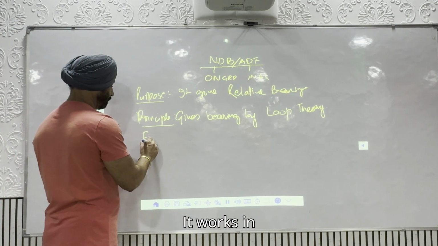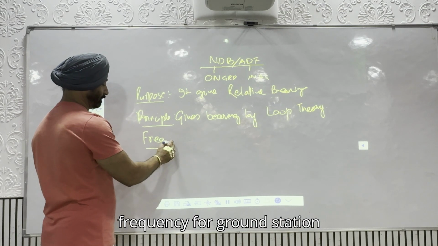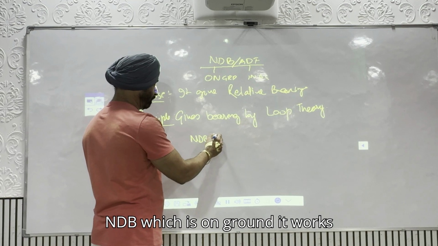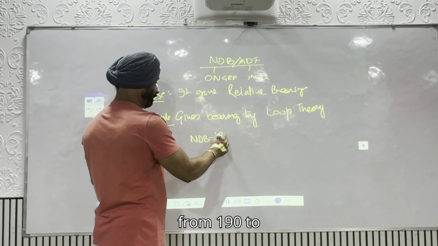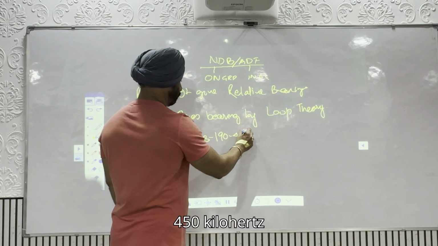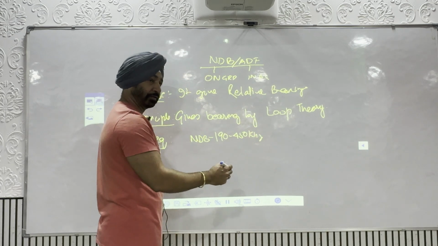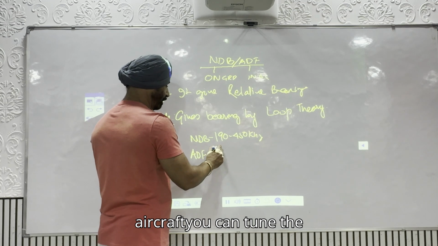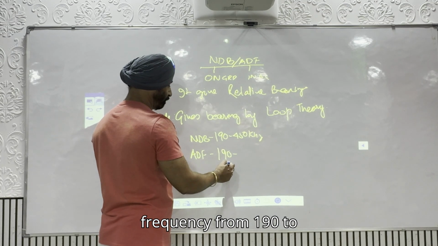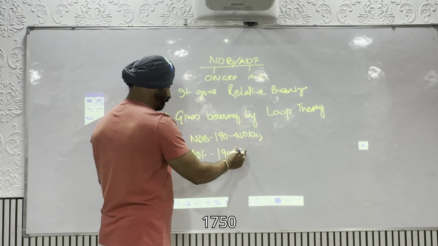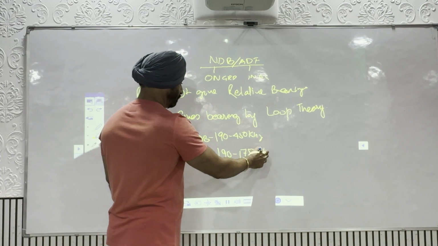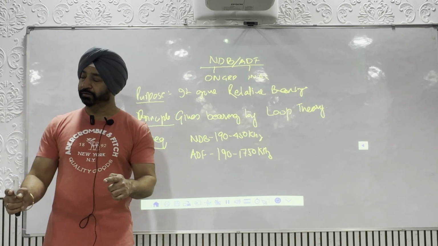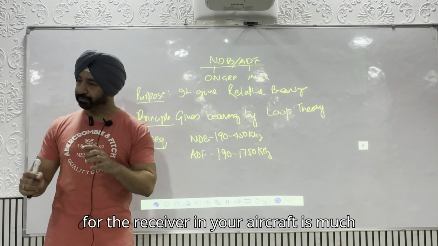It works in frequency. For the ground station NDB, which is on the ground, it works from 190 to 450 kilohertz. Whereas ADF, which is in the aircraft, you can tune the frequency from 190 to 1750 kilohertz. So the bandwidth for the receiver in your aircraft is much more.